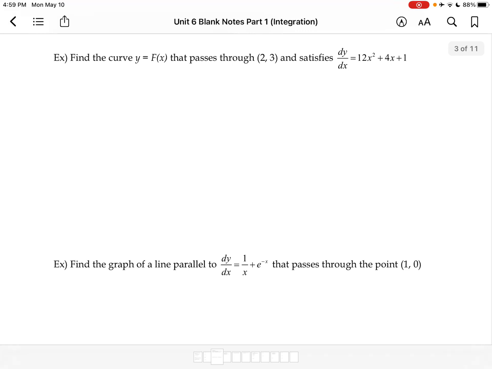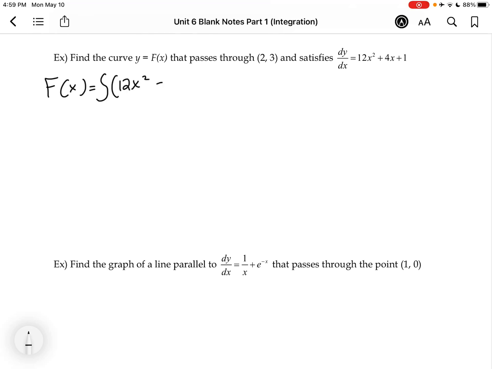Okay, so the first thing that we need to do is figure out the integral. Okay, so F of x is going to be the integral of 12x squared plus 4x plus 1 dx.